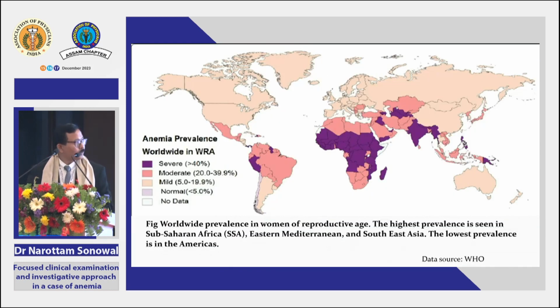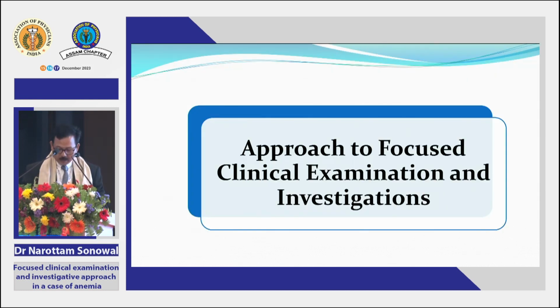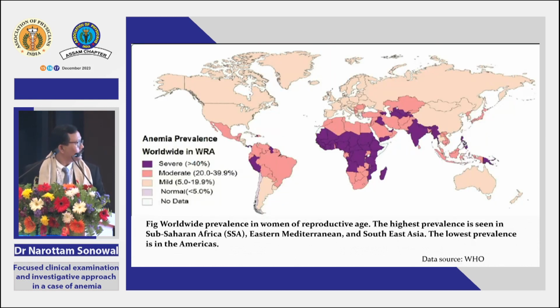Regarding the prevalence, the worldwide prevalence of anemia in the reproductive age group of females is highest in sub-Saharan Africa, Eastern Mediterranean and Southeast Asia.